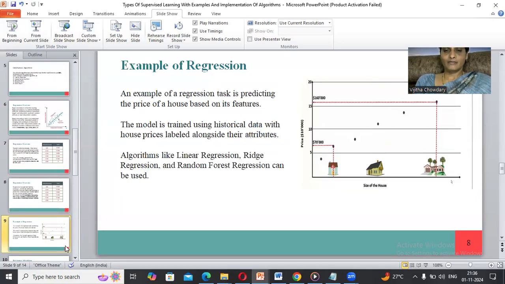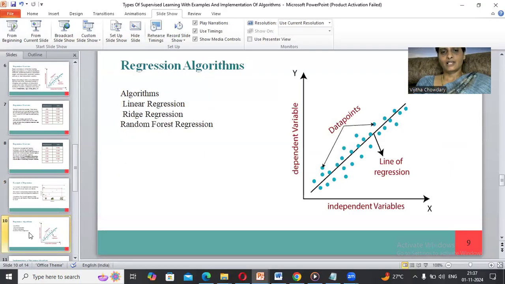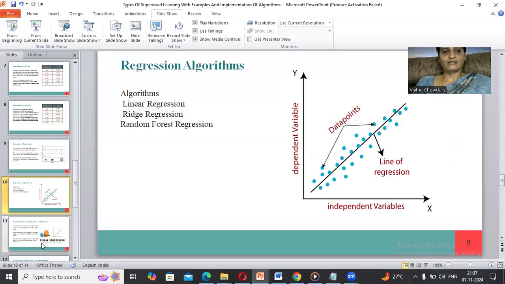Here the predicted values for the next 5 years can be expected using regression algorithms. The most commonly used regression algorithms are linear regression, ridge regression, and random forest regression. In further sessions we will explain the classification algorithms and linear regression algorithms briefly.